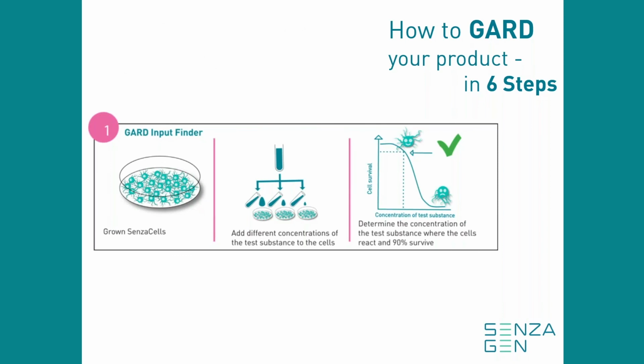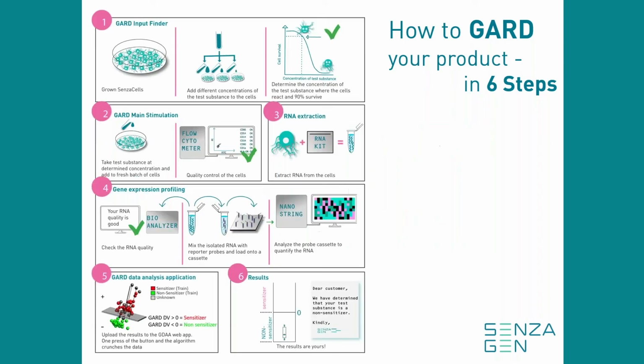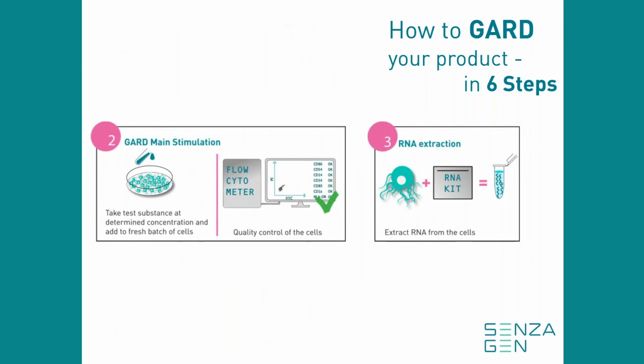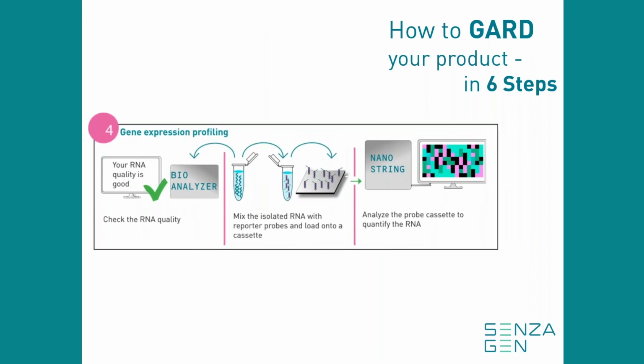Once we have performed this initial study, we perform our cellular stimulations again at the defined GARD input concentration. We perform a quality control of the cells, and we extract all of the RNA from the cells. After that, we measure the genes in our genomic biomarker signature using the nanostring platform.